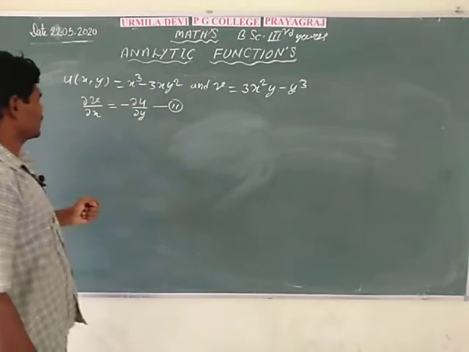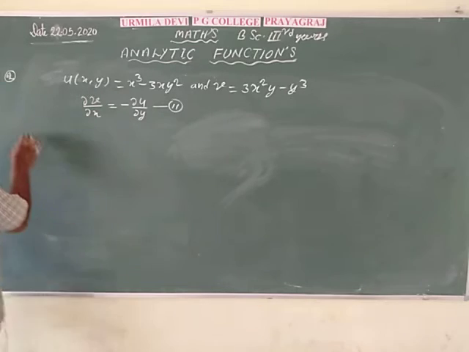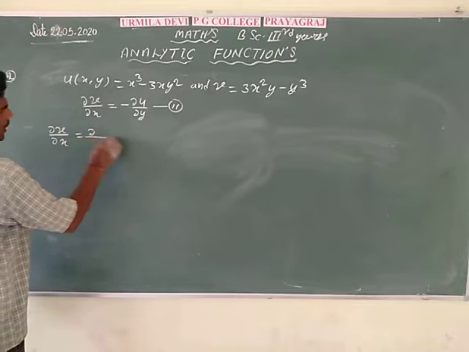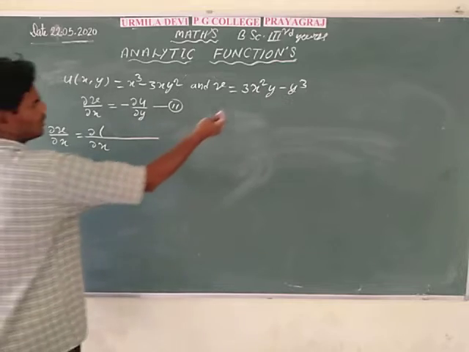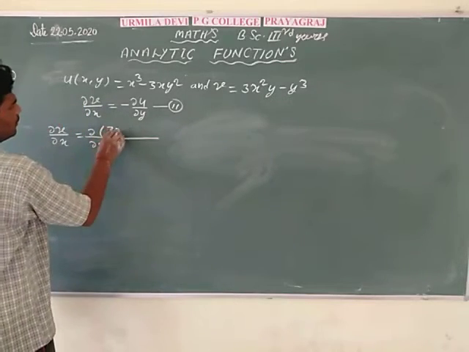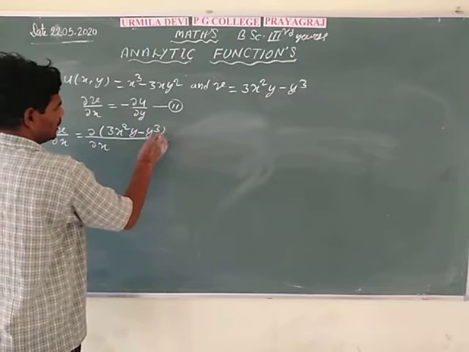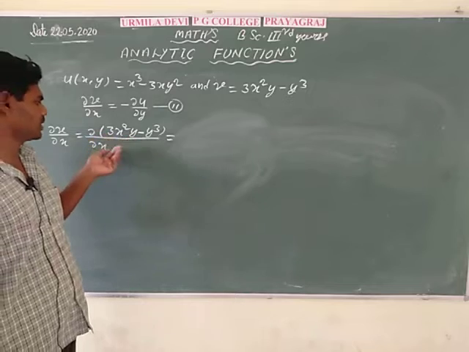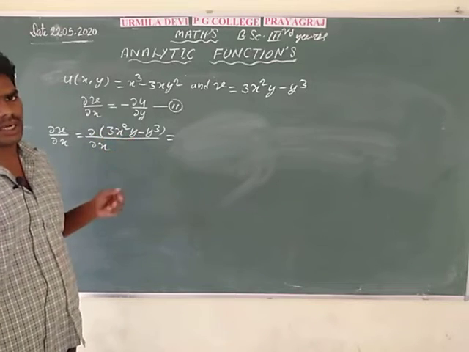Therefore, taking the partial differentiation of v with respect to x, del v by del x, putting the value of v as 3x square y minus y cube, taking the partial differentiation of function v with respect to x, therefore 3 and y must be constant.